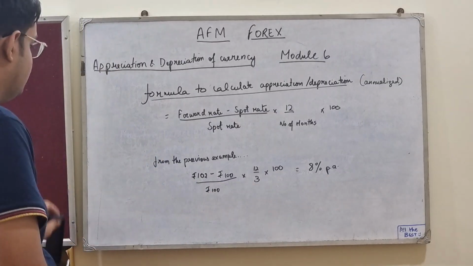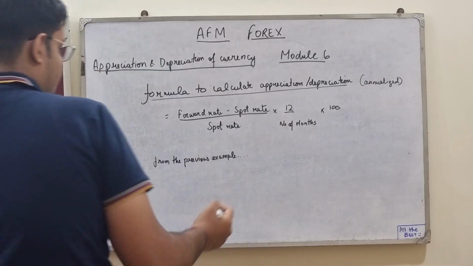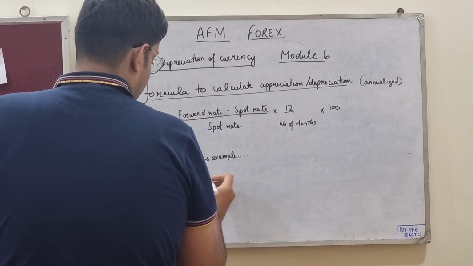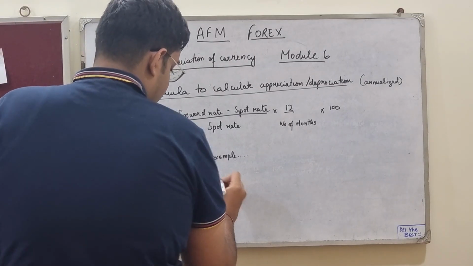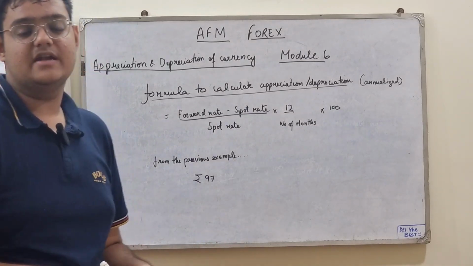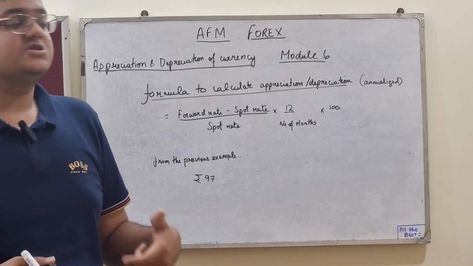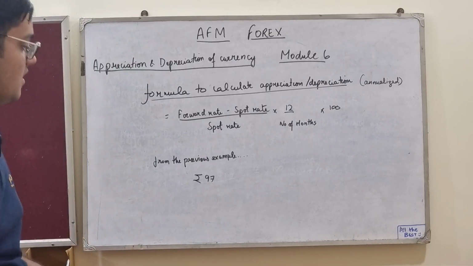Now, for example, if the rupee was appreciating, that means the forward rate was, for example, 97. That means that we would have to spend fewer rupees to buy pounds. That means the rupee was appreciating, the rupee was strengthening, the rupee was trading at a premium, you could say.